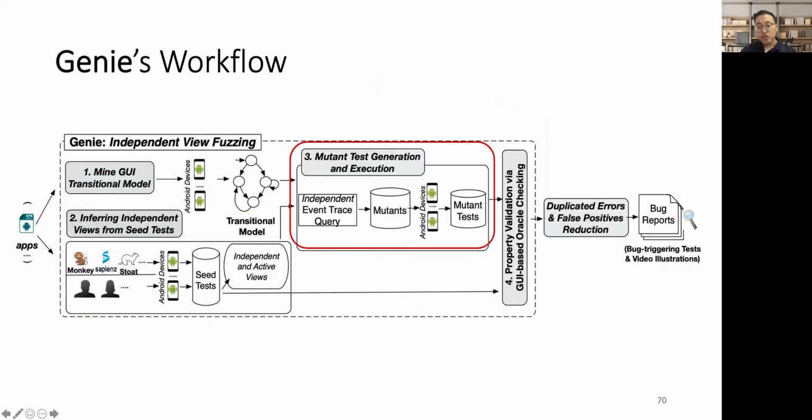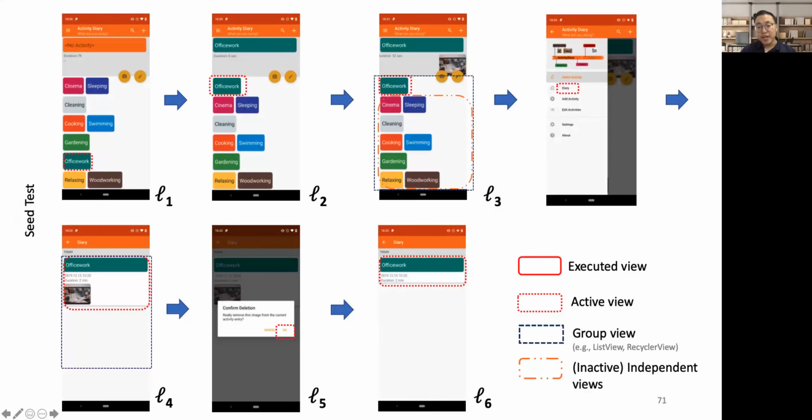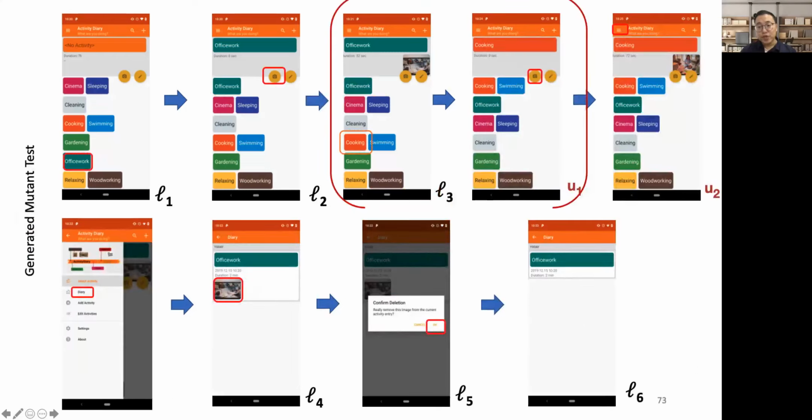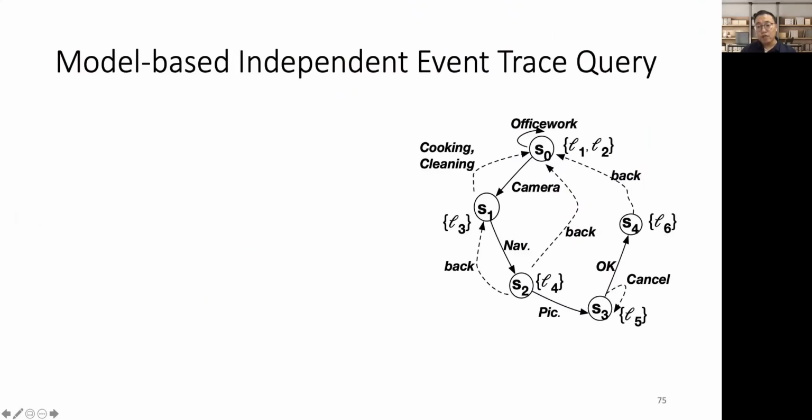In the third step, Genie generates the mutant test from a seed test. For this seed test, when Genie chooses L3 as the pivot GUI page, it will inject one independent event trace, L3 U1, which denotes clicking the cooking and taking a picture for cooking. This trace is independent from the preceding subtrace L1, L2, which operates on the view office work.